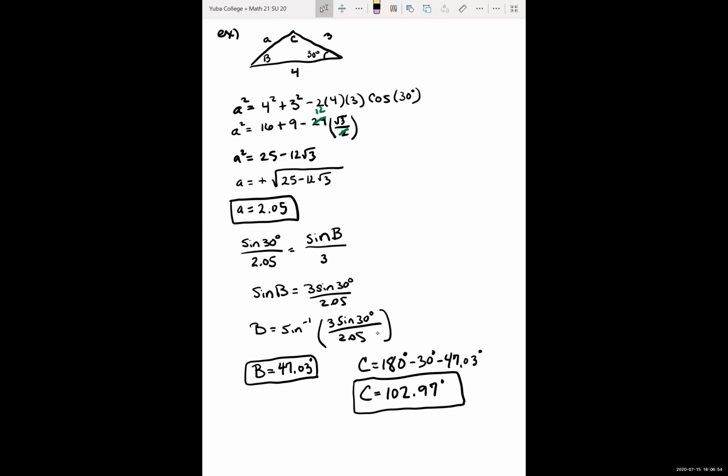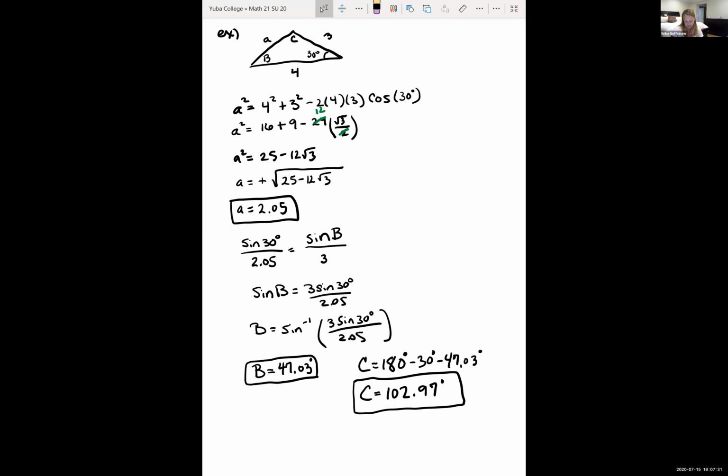Yeah, and then when I do sine inverse, I get like 48. Okay, let me try it again. Huh, I get 47.029. That's bizarre, and it's not rounding. I got the same answer as you. You did get the 47? Yes. Okay, I don't know what's going on.